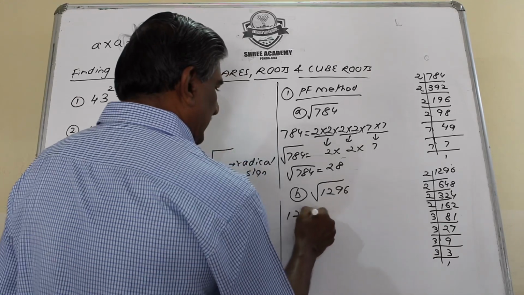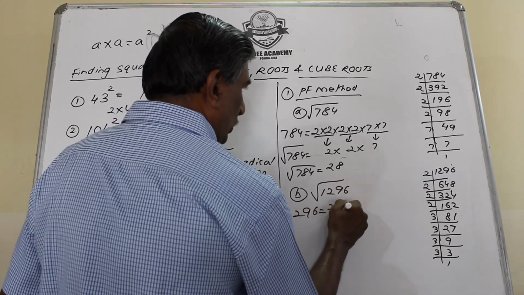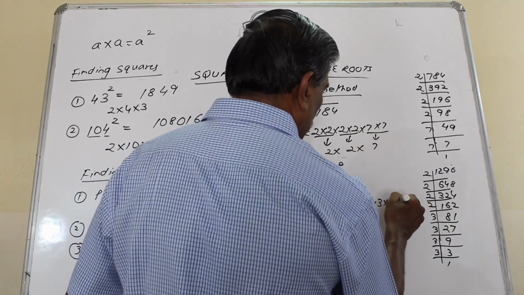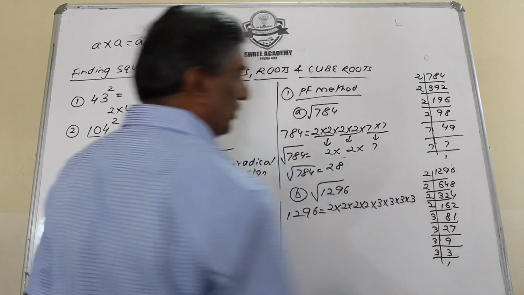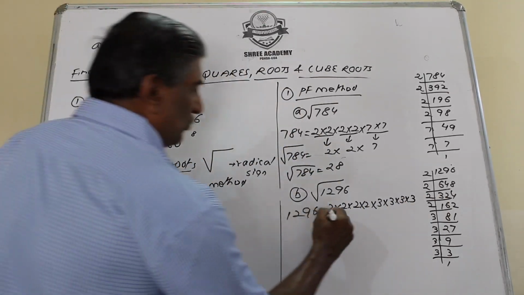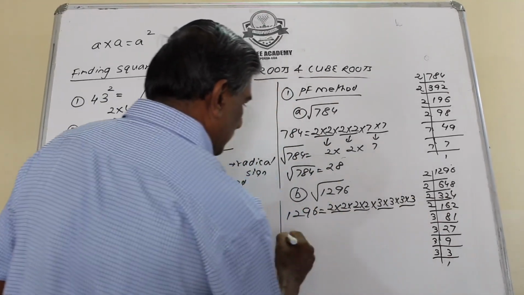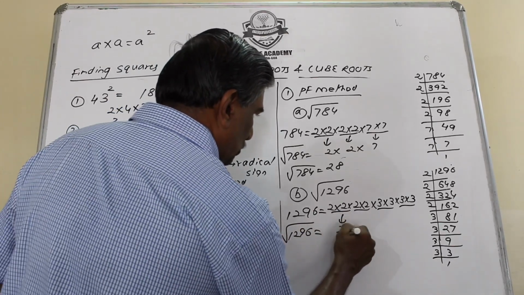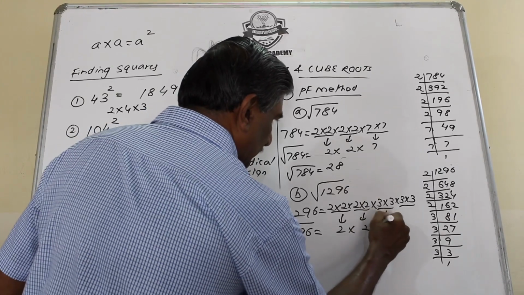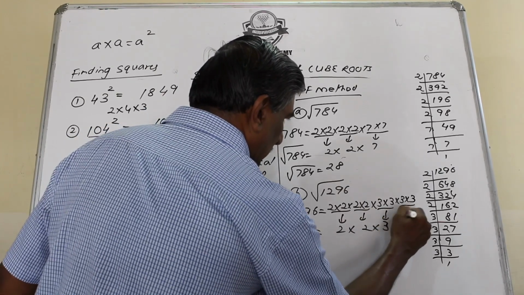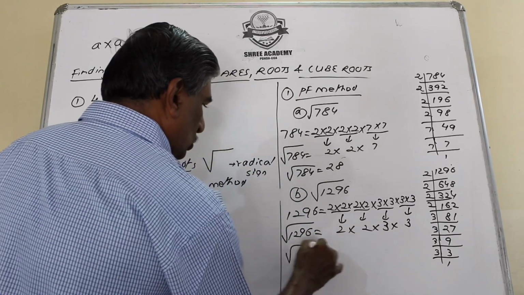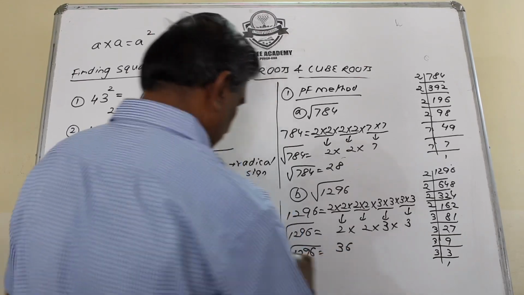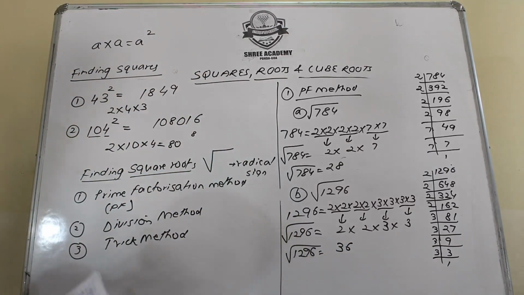So 1296 can be written as 2 into 2 into 2 into 2 into 3 into 3 into 3 into 3. Now after doing this, we just have to form pairs of same digits, and if I want the square root of 1296, from each pair I will be taking one digit. So this is 2 2s and this is 3 3s. So square root of 1296, it is 6 6s are 36. I hope you understood this method.